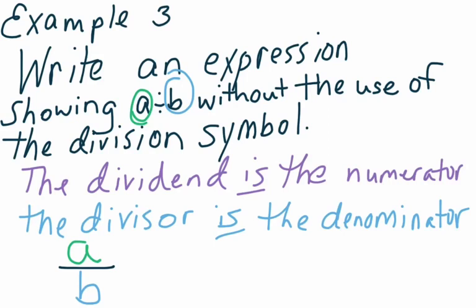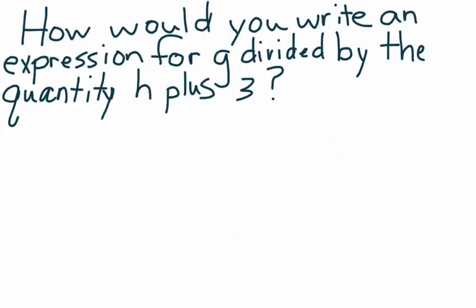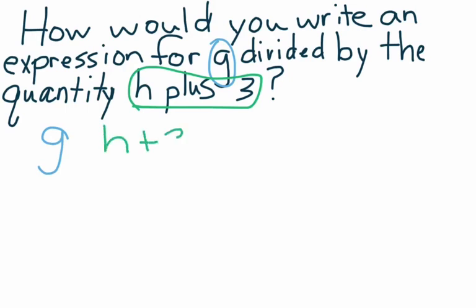Okay. Taking that one step further, how would you write an expression for g, the letter g, divided by the quantity of h plus 3? Okay, so we have g and we have h plus 3. And we want to write this as a division. Okay, so if we use just the division symbol, we're going to put the h plus 3 in parentheses, and you will just have g divided by h plus 3.